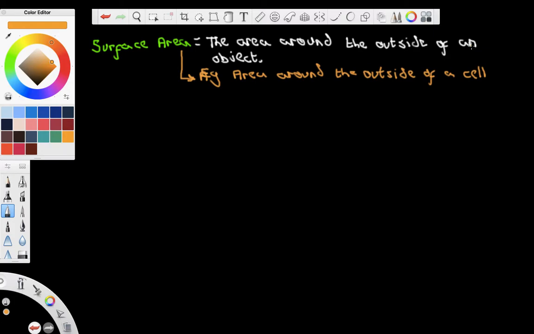Okay? It's calculated as the sum of the areas of all faces of the shape.